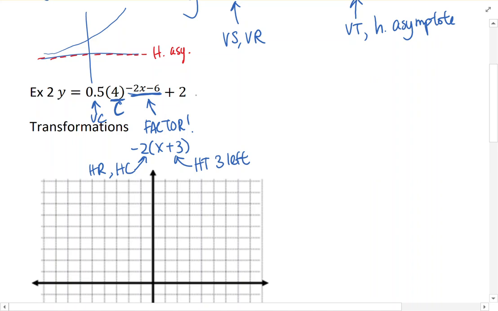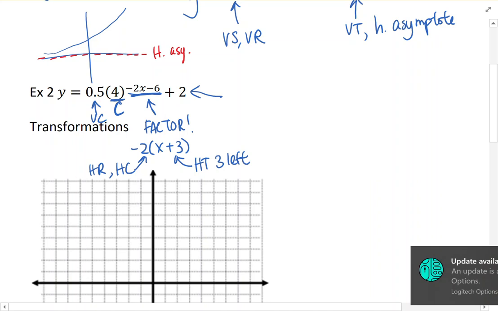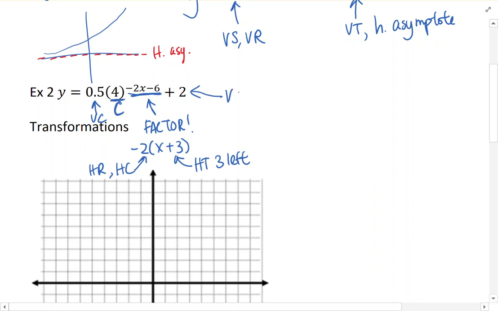And here we actually have a horizontal translation 3 left. And then finally, we have this last one here, which is a vertical translation 2 up. I'll write out all those transformations on the side.